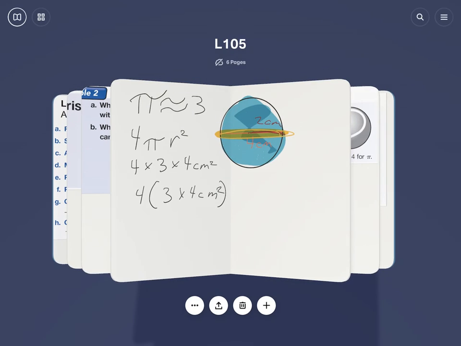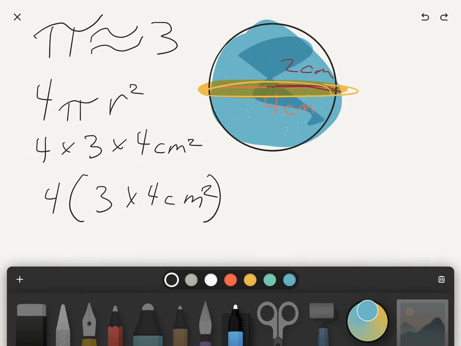Essentially the hardest thing about this particular lesson is that you have a formula to remember. If you want to be able to get the surface area of a sphere, you need to memorize this formula. There are ways to look at this formula that give it a better conceptualness.